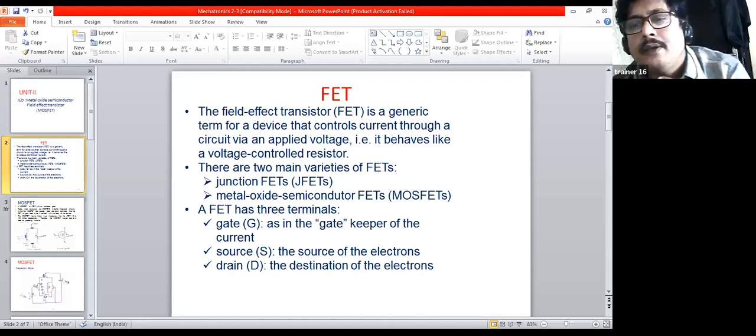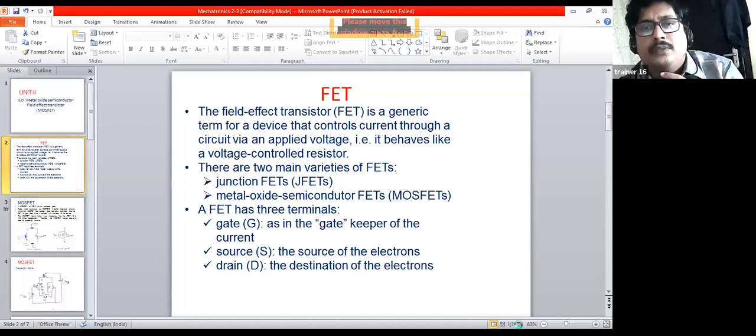Next, I will tell the difference. Due to some network issues, the net is disconnecting automatically. Two times it is disconnected. Next, I will tell you the difference clearly. All of you listen carefully. BJT and FET, so one minute.